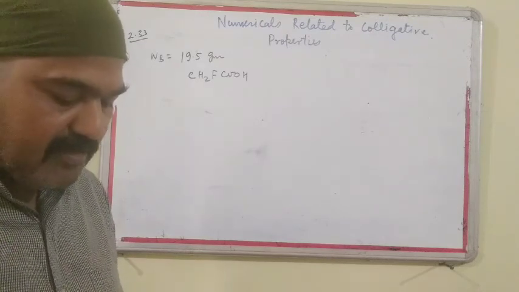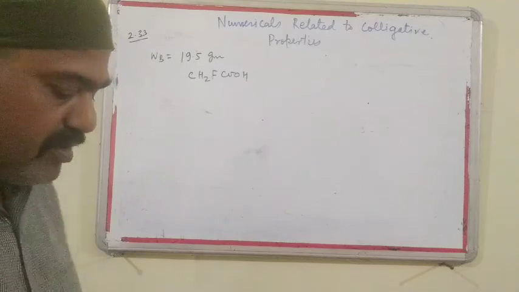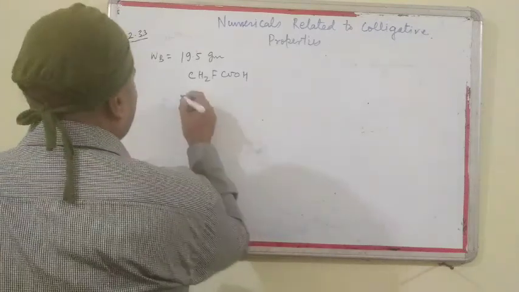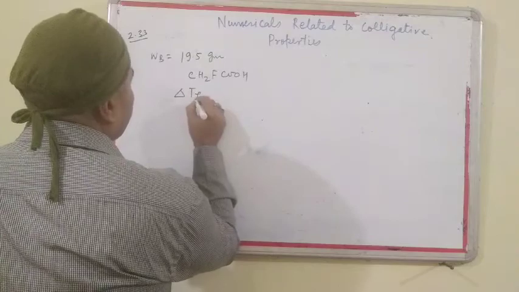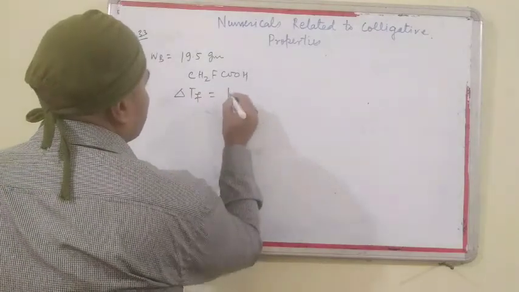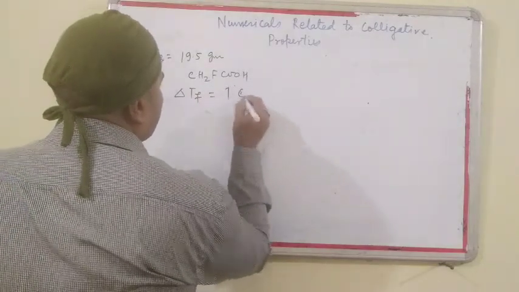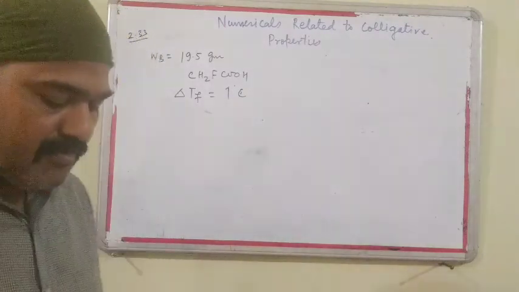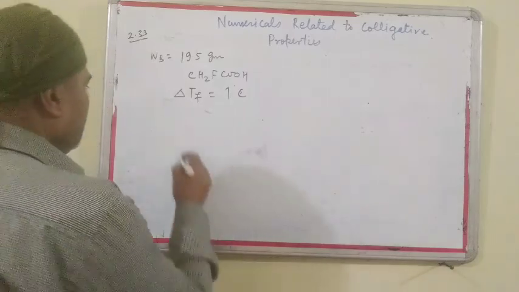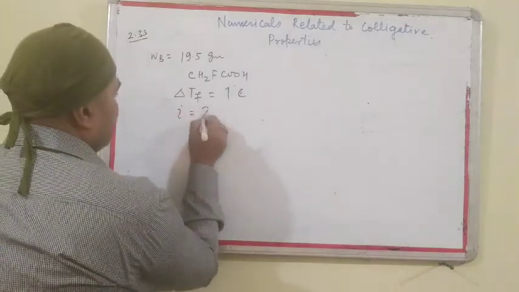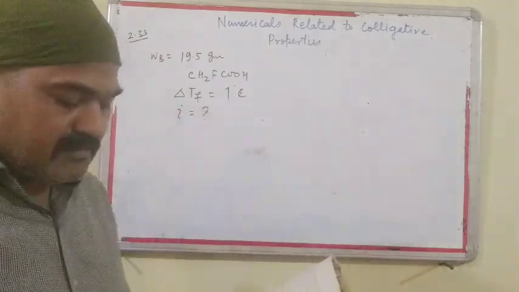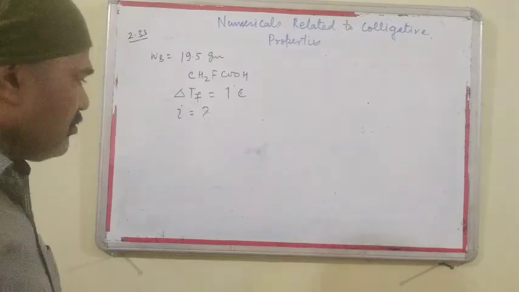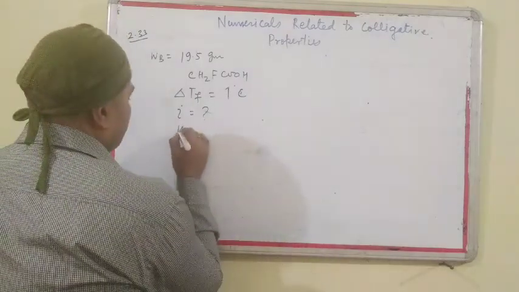The depression of the freezing point of water is observed 1 degree centigrade, Del TF is 1. Calculate the van't Hoff factor and the dissociation constant of the fluoroacetic acid.